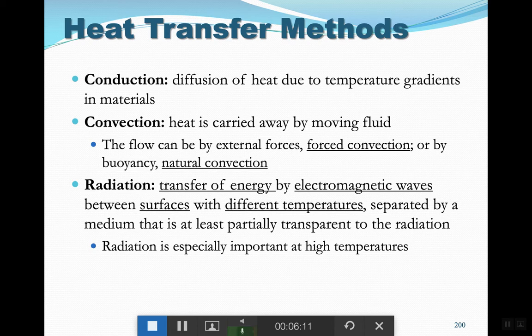So the driving force behind the moving fluid could be external. That's called forced convection. Or it could be natural convection, meaning there is no external force, but due to some different reasoning the fluid is moving. That's called natural convection.